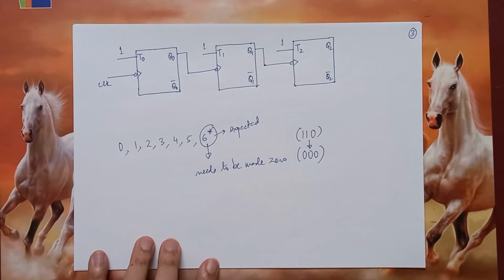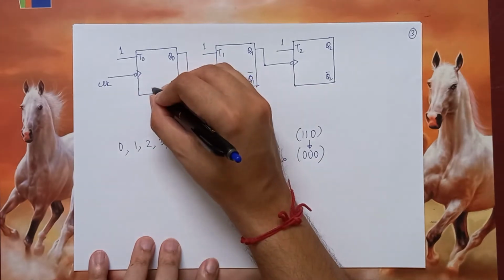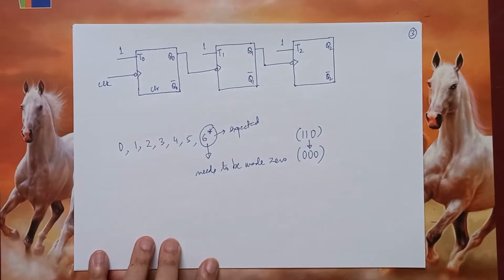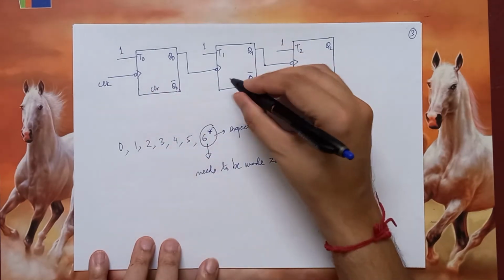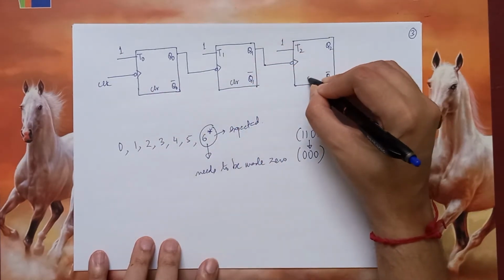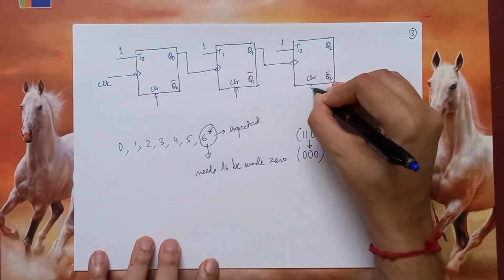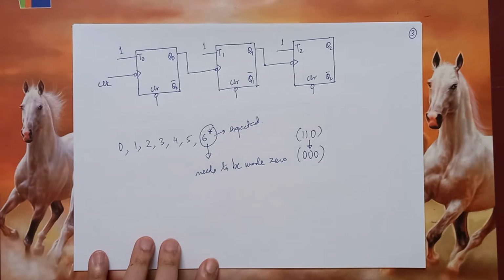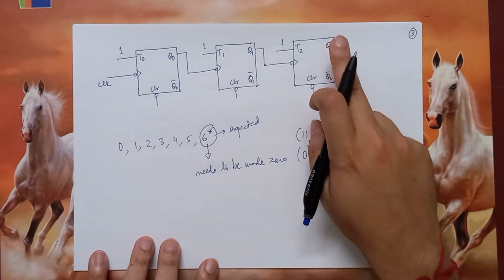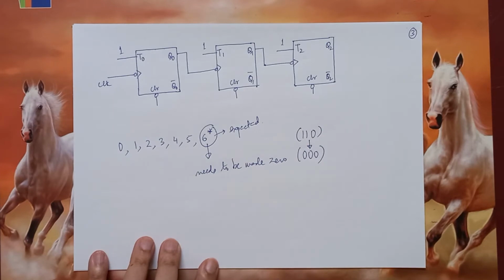We are already aware of another input which is normally present with every flip-flop, that is called a clear. Let us say each of these flip-flops has an input called clear, which is an active low input. That is, when the clear of each flip-flop gets a 0, then that state variable of the flip-flop forcibly becomes 0.